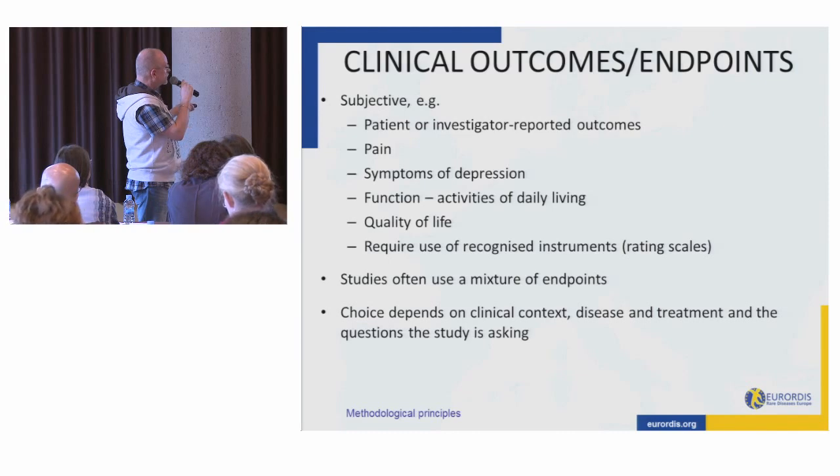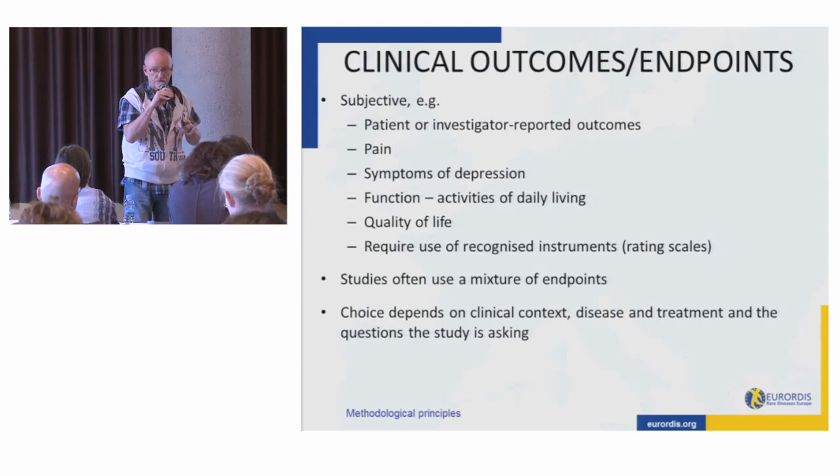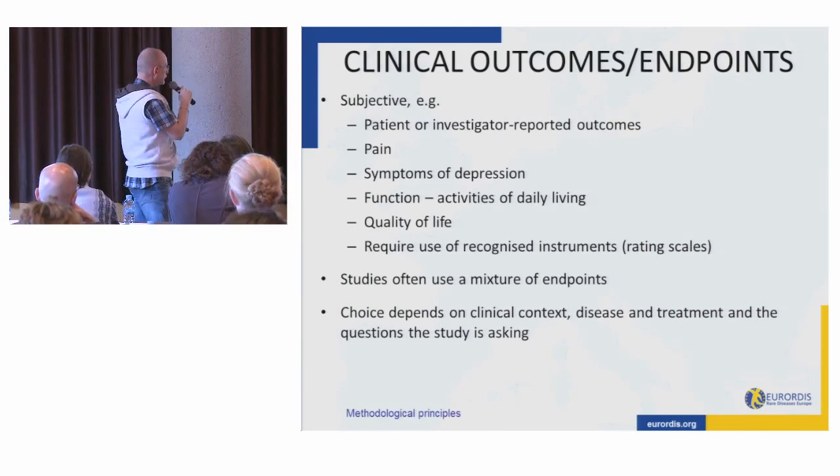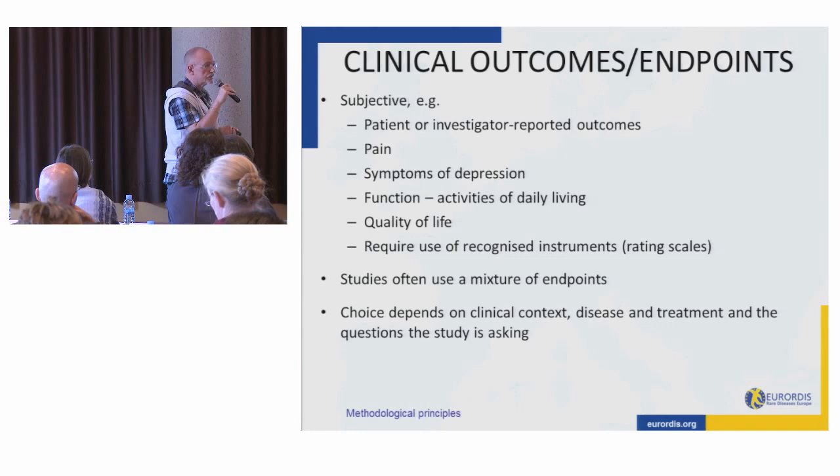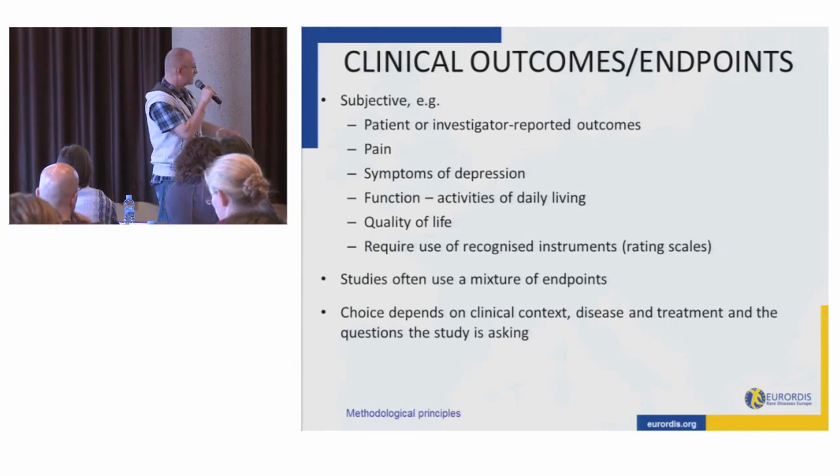And when you measure these, it's important that you check that the study is using recognized rating scales that have been validated for the clinical situation. Otherwise, there will be difficulties, at least for regulators, to actually interpret and accept the data.